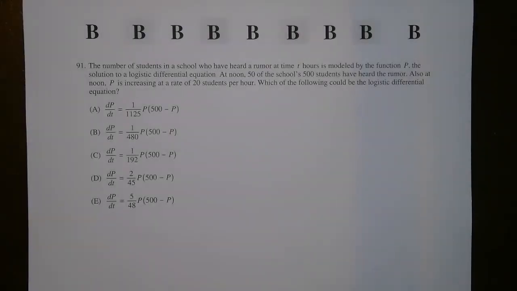So on question 91, they're telling you that the number of students in a school who have heard a rumor at time t hours is modeled by the function p, and that's the solution to a logistic differential equation. At noon, 50 of the school's 500 students have heard the rumor. Also at noon, p is increasing at a rate of 20 students per hour.